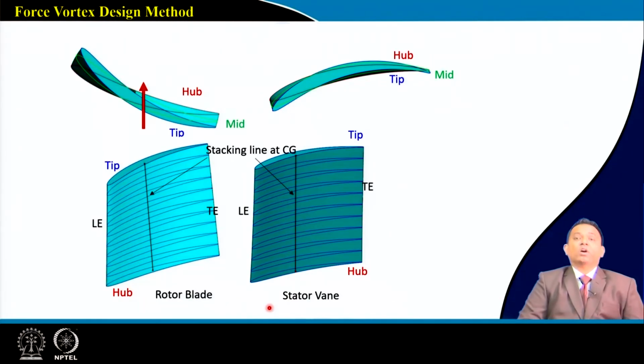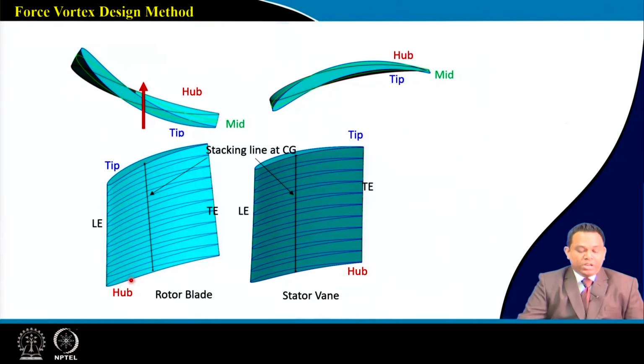Now just look at this part. This is representing our blade when we are doing the design using our forced vortex concept. If we look carefully, the twist we were discussing is coming to be lower. In the same way for the hub also, we will not be having great turning; that's what is happening for the stator.